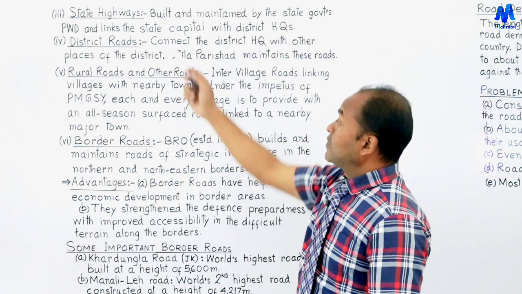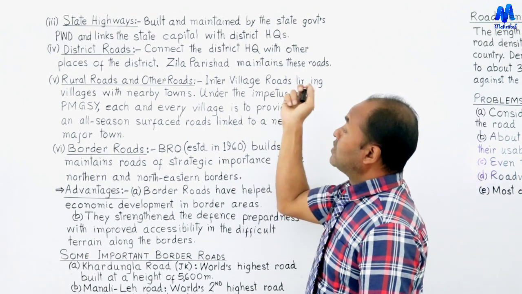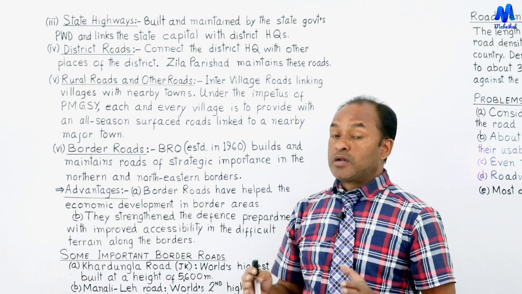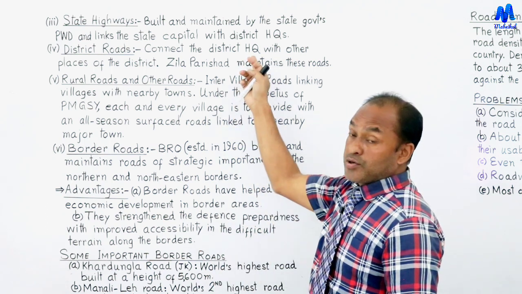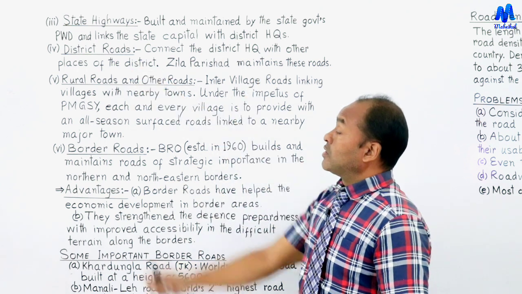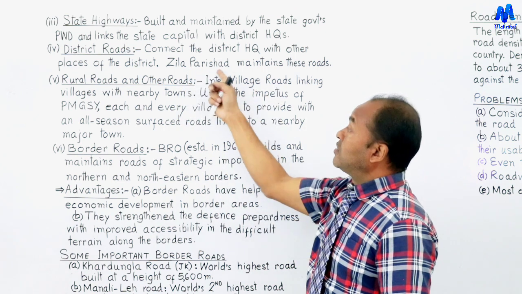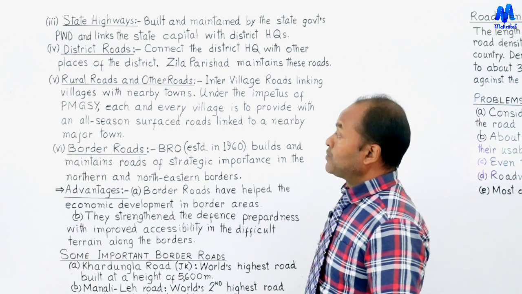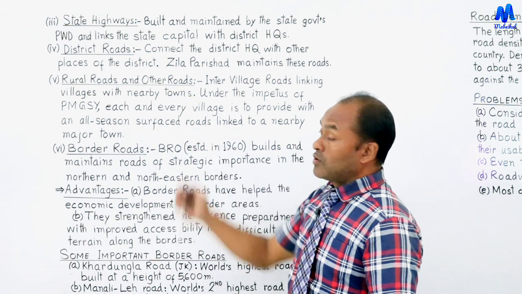These roads connect the district headquarters with other places of the district. Those places lying within the district are connected to that district headquarters. So this type of roads are called district roads, and they are maintained by the Jilla Parishad of that district.